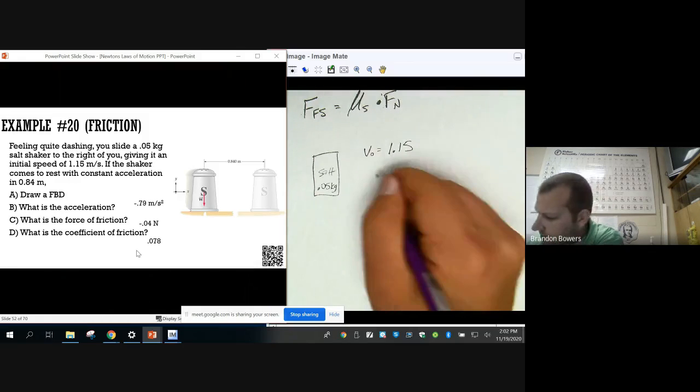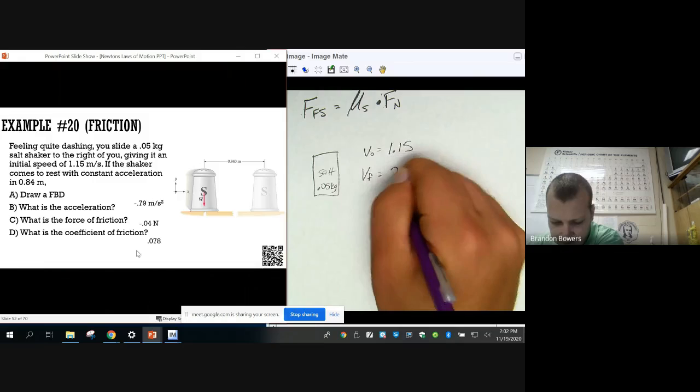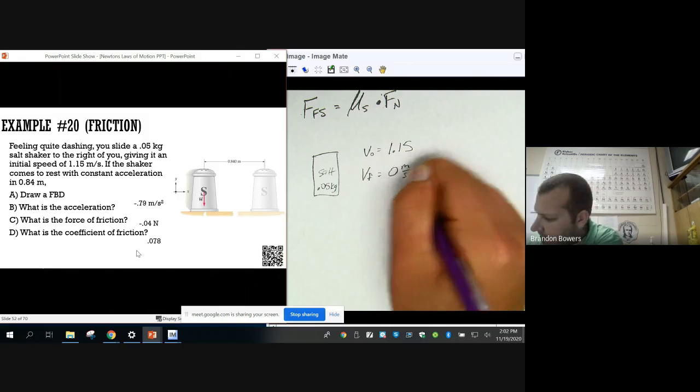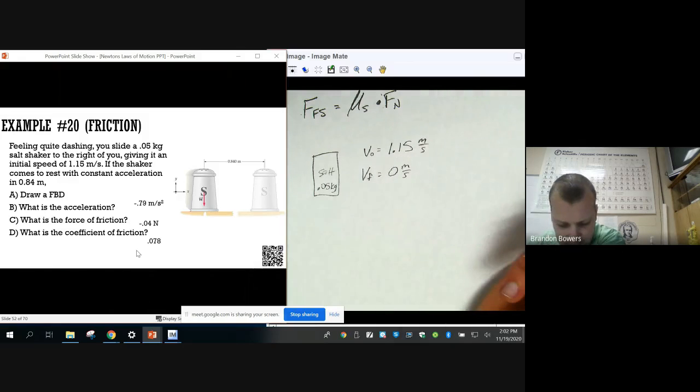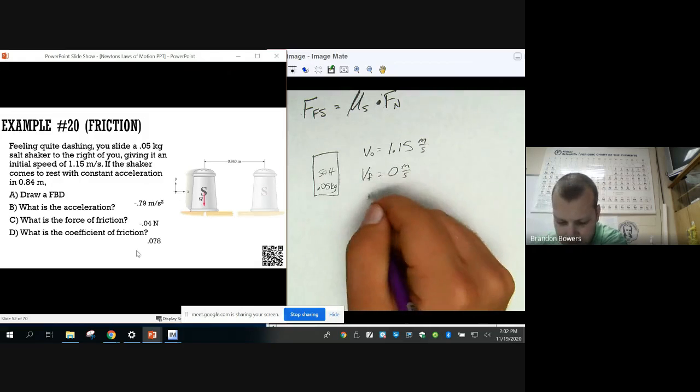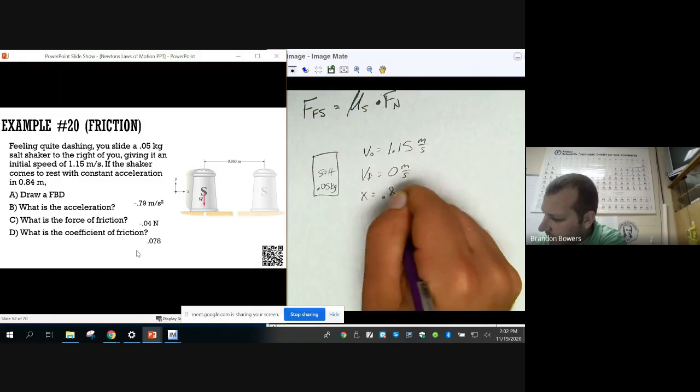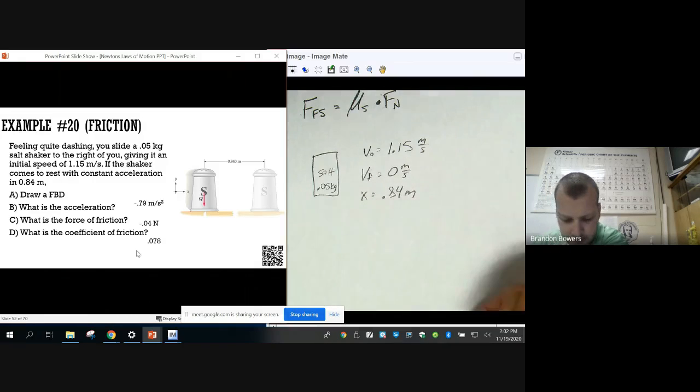If the shaker comes to rest, which is 0, with a constant acceleration in 0.84 meters, so I know x is 0.84 meters, what is the acceleration?